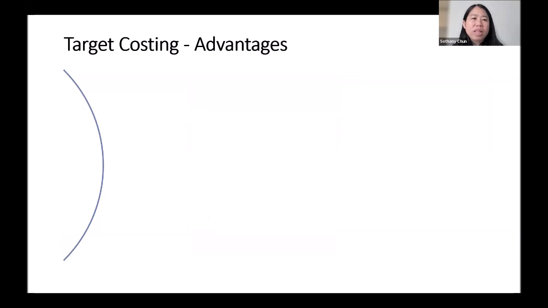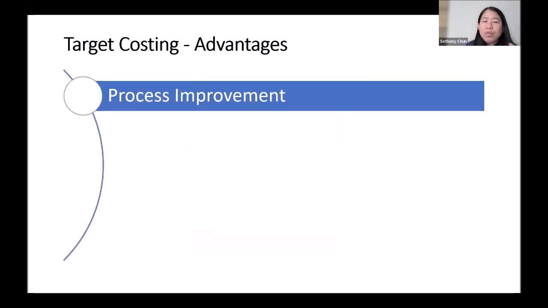So now let's talk about the advantages of target costing. With target costing, it helps with improving the process, like I mentioned, because we have our destined cost. We know how much cost we should be incurring for the product. So if there is anything that is not contributing to that, or is making the cost higher, then we try to improve that process, making sure that we stay within the budget.